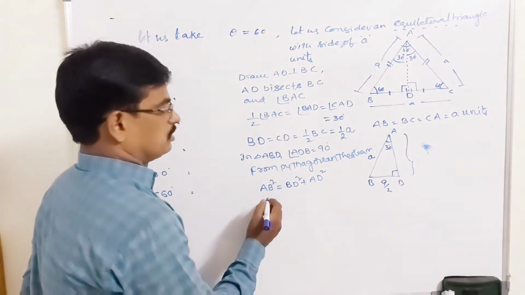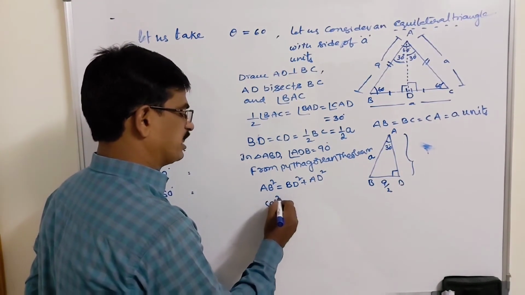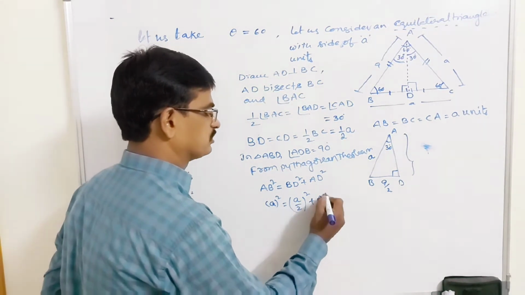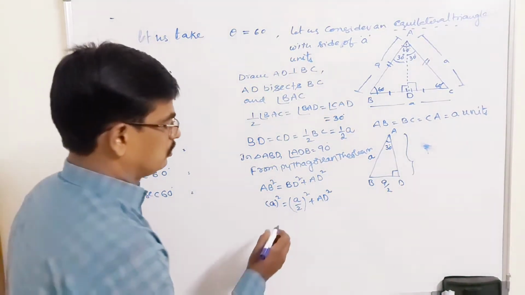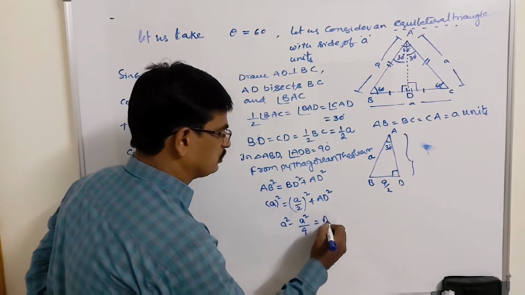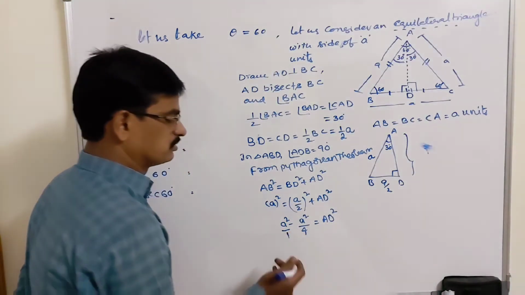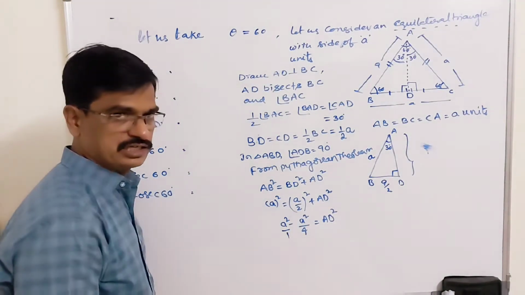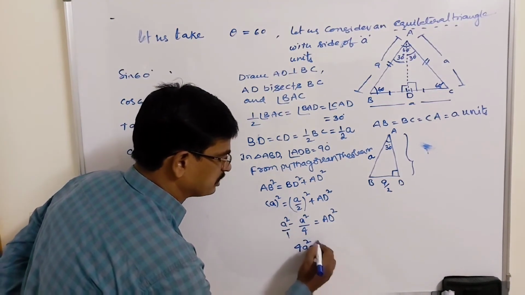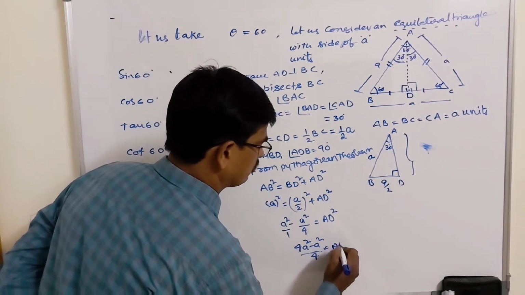Okay. Now AB length is small a whole square, equal to a by 2 whole square plus AD whole square. Now a square minus a square by 4 is equal to AD square, right? By doing cross multiplication, we get 4a square minus a square by 4 is equal to AD square. Right?